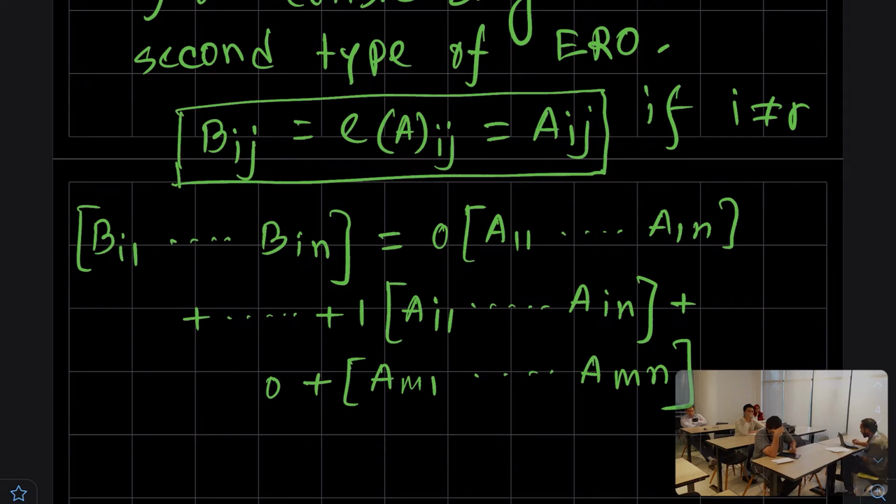And I'm multiplying Ai1 to Ain by just 1. So this gives me this condition, right?